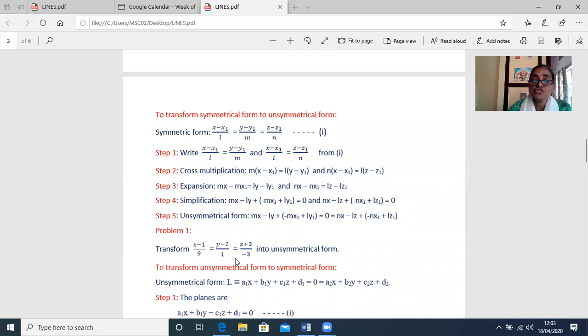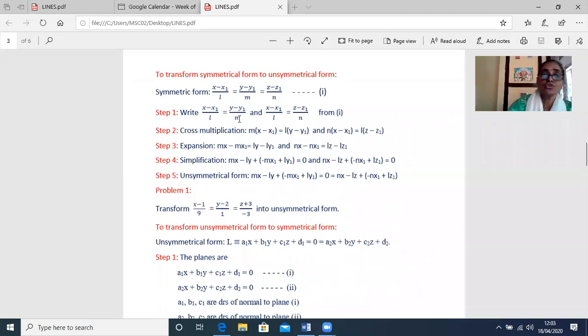And these two planes, when they intersect, you get the required line. So you put the intersection of those two planes like explained in step 5 to get the unsymmetric form of this line. Please do it without fail.